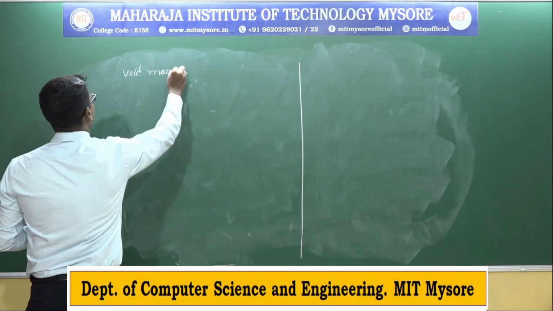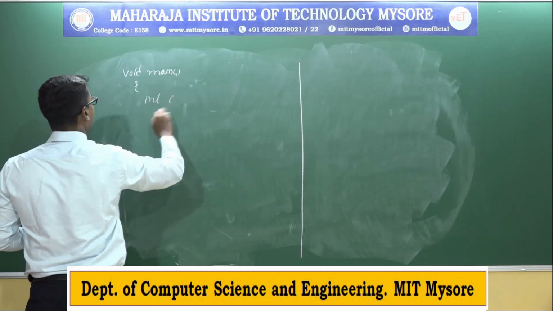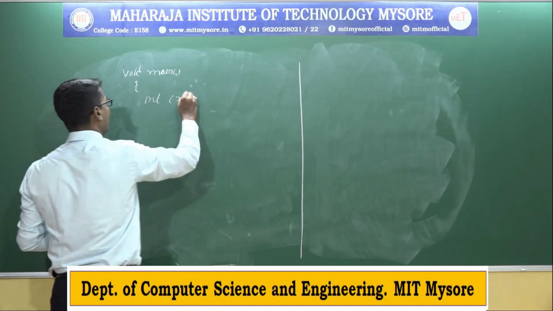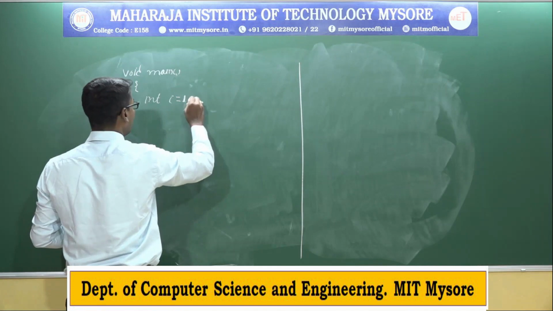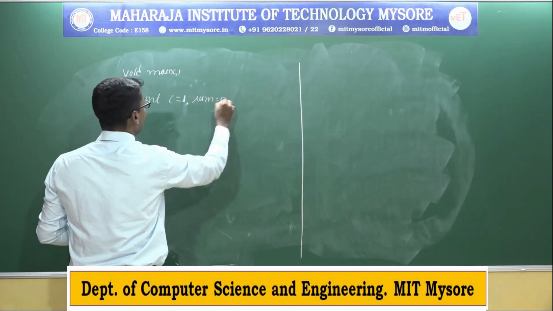main, then int I is equal to 1. I'll set I initial value I is equal to 1. Then sum is equal to 0.